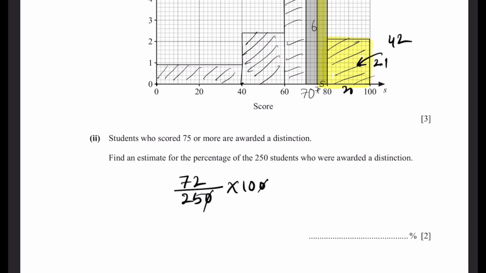Now the zeros cancel, 5 to 5 here, and the 2s, so we get 72 times 40 divided by 100. 5 eights are 40, and 5 eights are 40, so it is 28.8%.